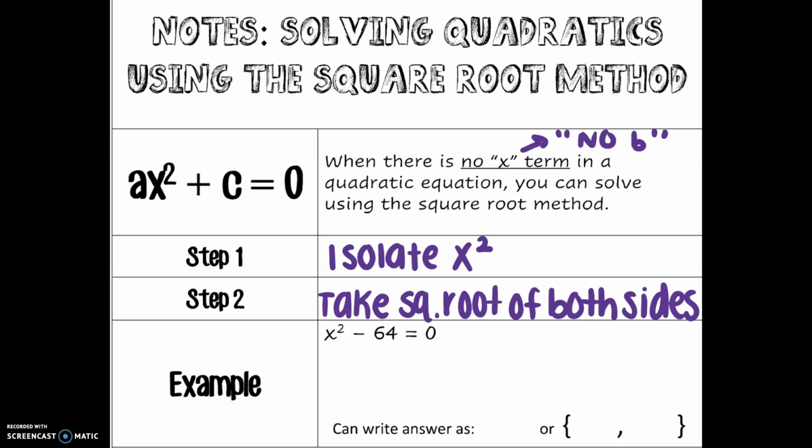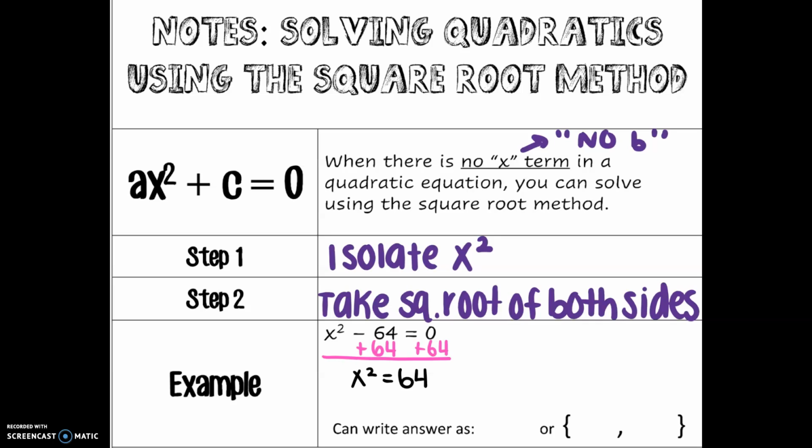We are given the quadratic equation x squared minus 64 equals 0. Remember, step 1 is to always isolate that x squared, so I'm going to add 64 to both sides. After adding 64 to both sides, I'm left with x squared equals positive 64.